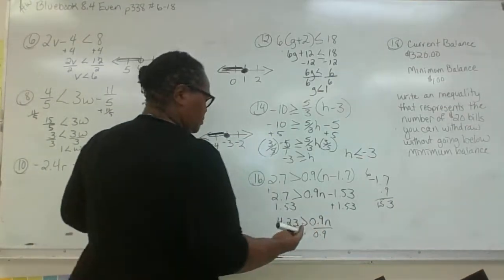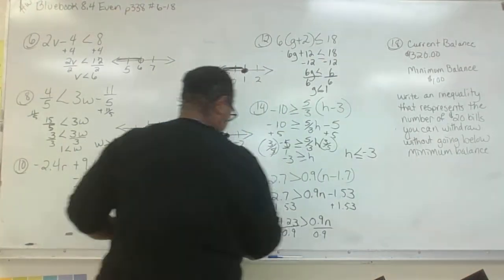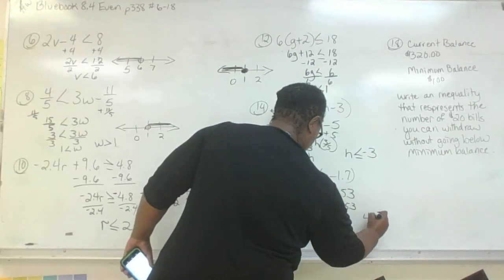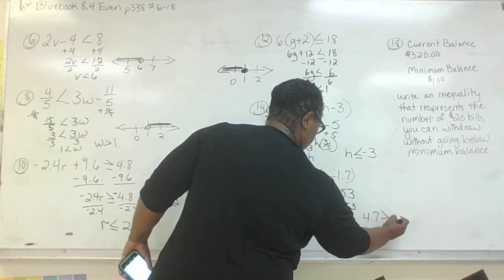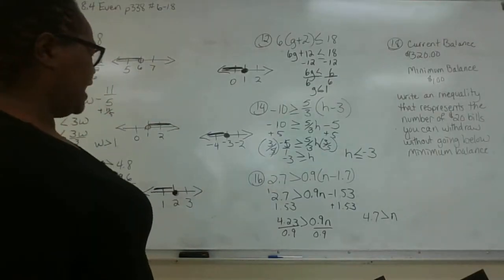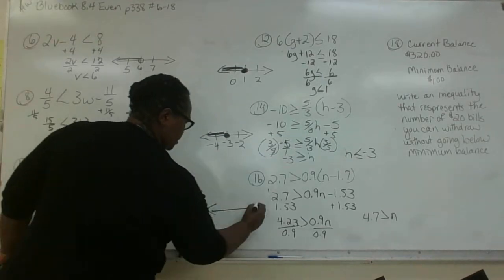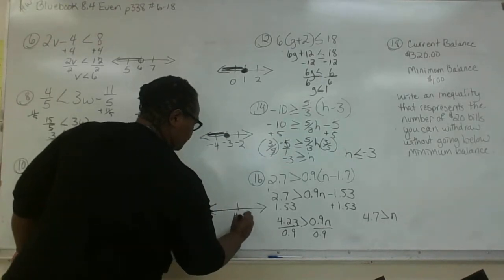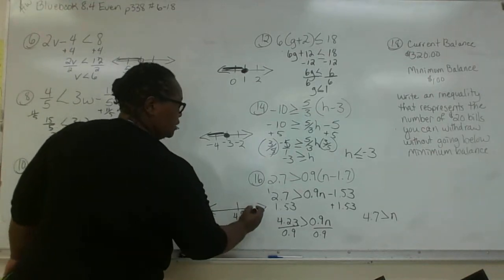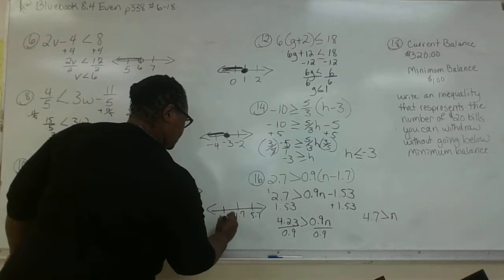So we have 4 7/10 greater than n. Okay, so now we want to graph that. All right, and what we would do here, we would have 4 7/10. Okay, and we have 5 7/10, and we have 3 7/10.